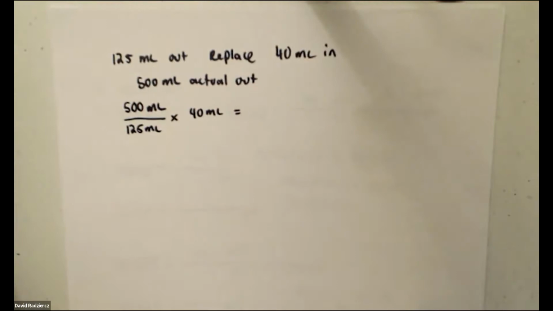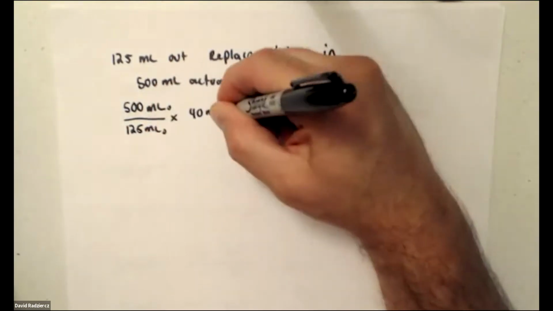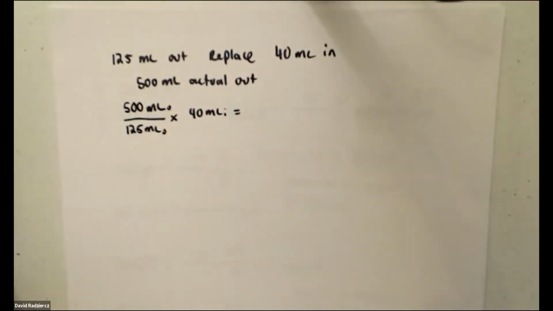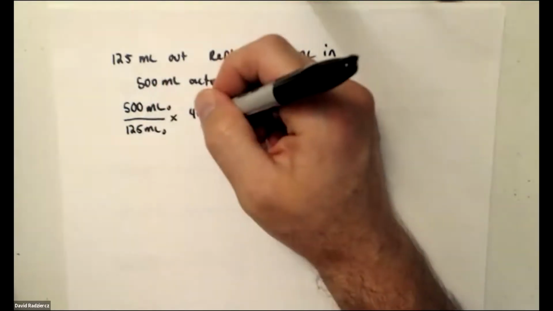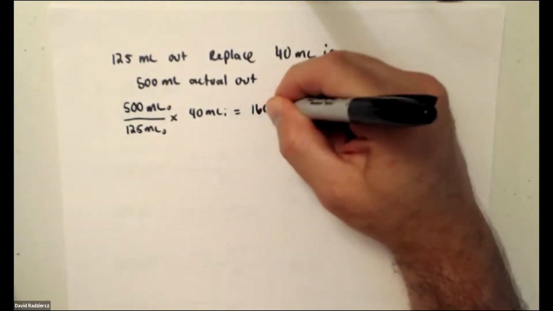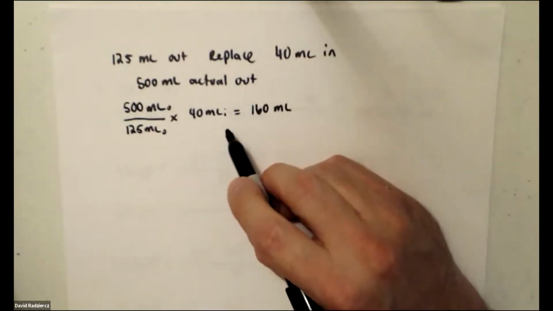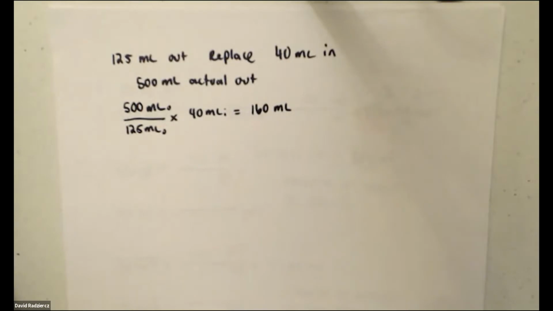Notice that everything's in milliliters. Technically, this is milliliters out, milliliters in. It's just a way to keep things organized, or at least that's how I try to organize things. 500 times 40 divided by 125 will give you 160 milliliters. And again, that's in. I just wrote these I's and O's so you know which one is referring to what.